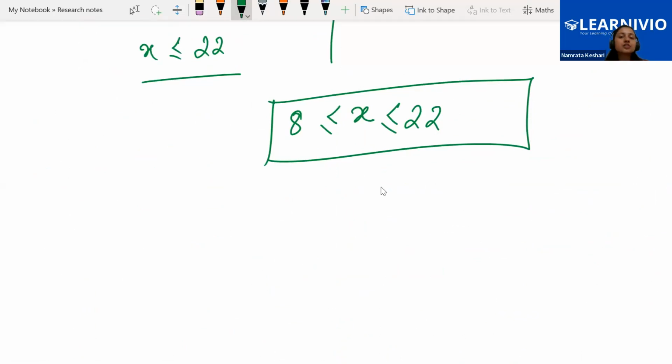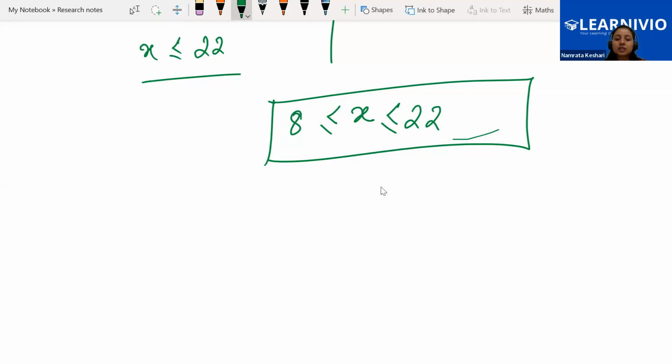Can you check the answer in your NCERT? How exactly is the answer given, in this inequality form, or are a few possible numbers written over there? Because so many numbers can be there, and since we are talking about length, it can be a decimal number also. So it will not make sense to list them. Here only we have to leave the answer. Can you please check?